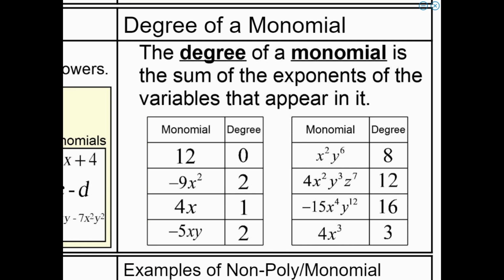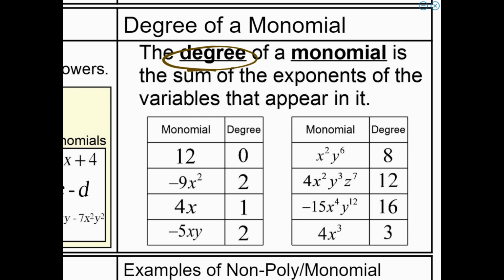The other vocabulary that we really haven't talked about to this point is the word degree. When you hear the word degree, most of the time you think that we're talking about temperature or the degrees of a triangle, or the corners of a shape, the measurement.